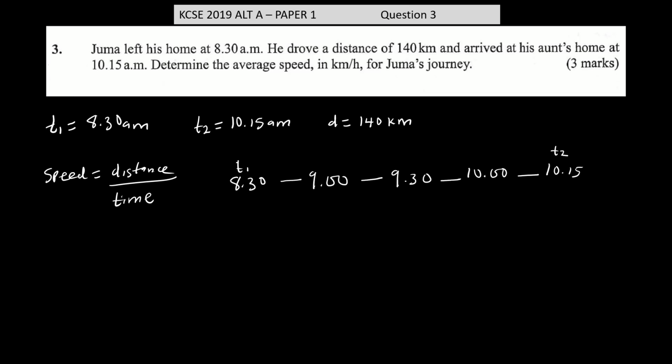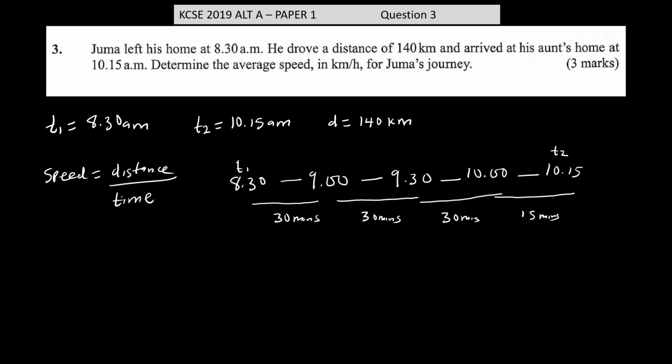From 8:30 to 9 o'clock, we have 30 minutes. From 9 o'clock to 9:30, we have 30 minutes. From 9:30 to 10 o'clock, we still have another 30 minutes. And from 10 o'clock to 10:15, we have 15 minutes.